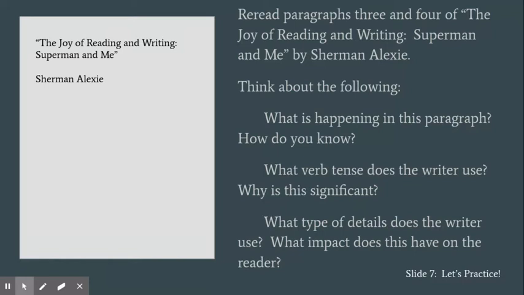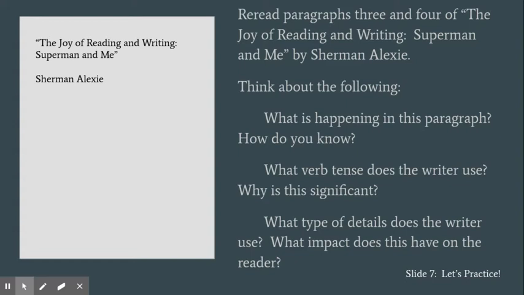Again, I'm going to ask that you follow the directions on the slide. I want you to go back and reread paragraphs 3 and 4 of The Joy of Reading and Writing, Superman and Me by Sherman Alexie. As you read, think about the following. What is happening in this paragraph? How do you know? What verb tense does the writer use?